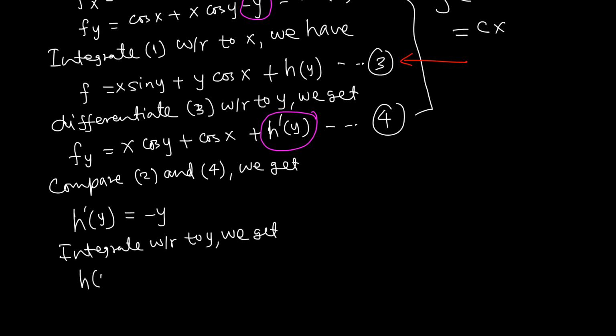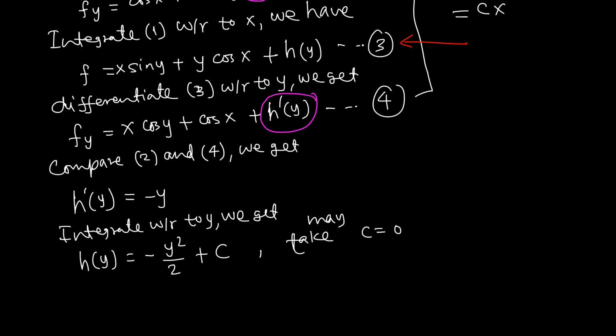Integrating gives h. The antiderivative of negative is negative, the antiderivative of y is y squared over 2, plus some constant, and since we are looking for a potential function, we can take c equal to 0.